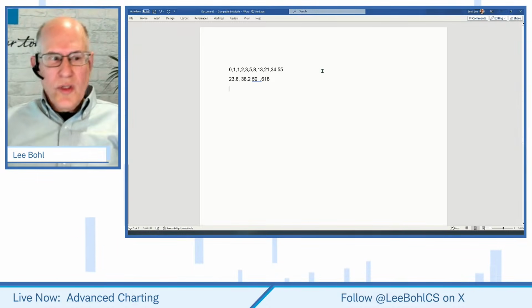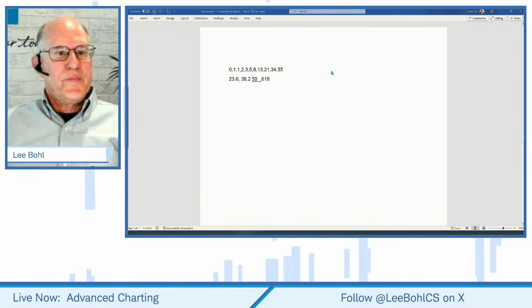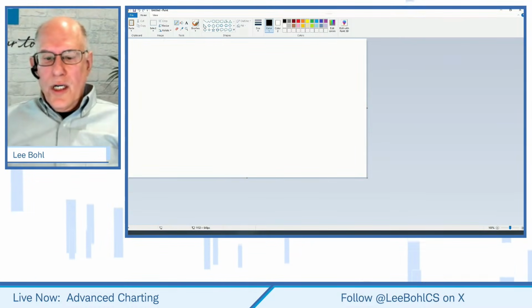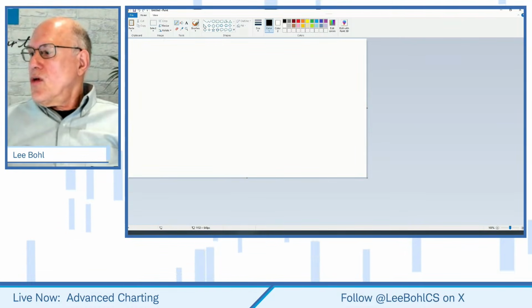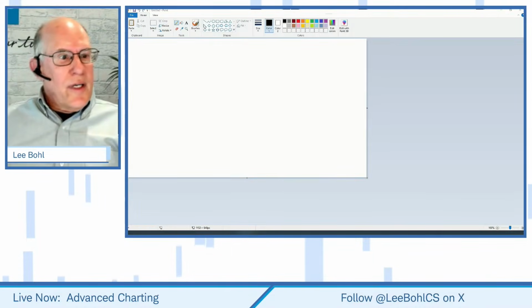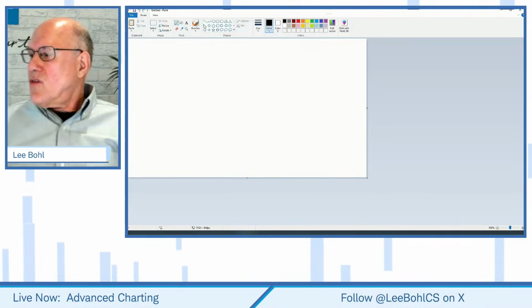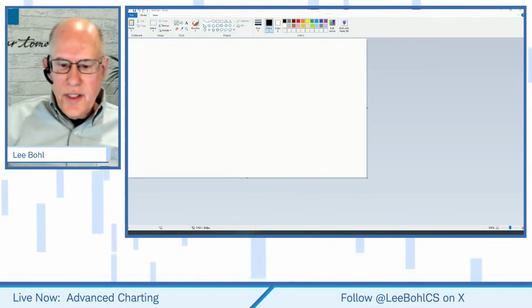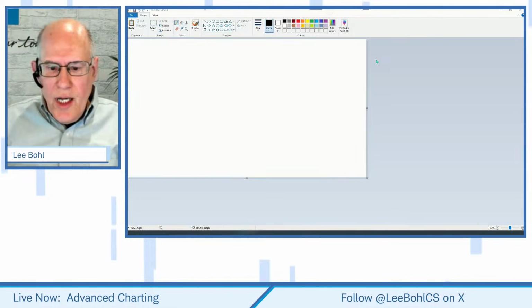Okay, so I'm going to go to a different screen here. And we are going to go over a few points. So the first one is this. One complete cycle is considered to be 8 waves.